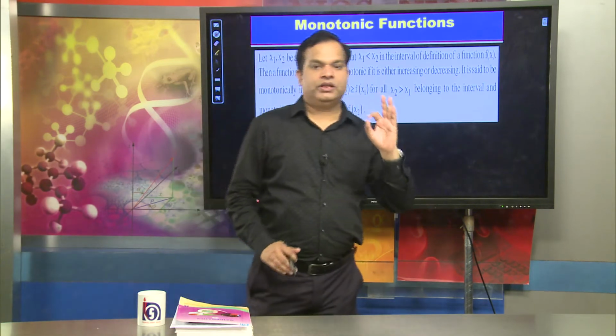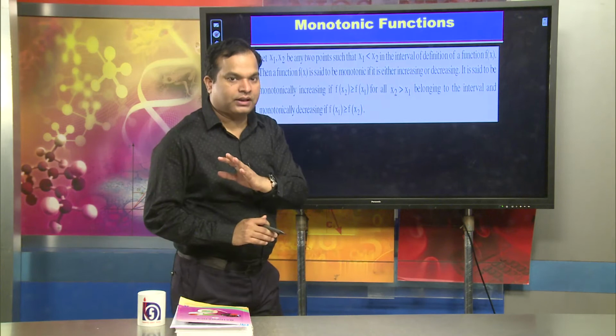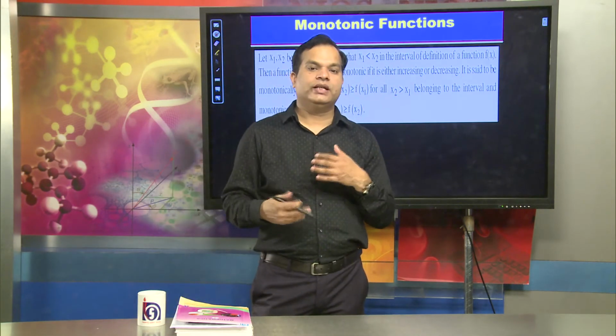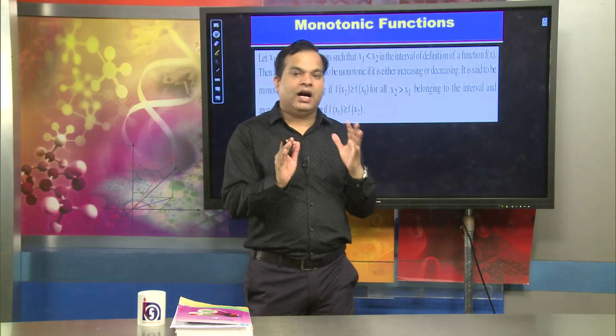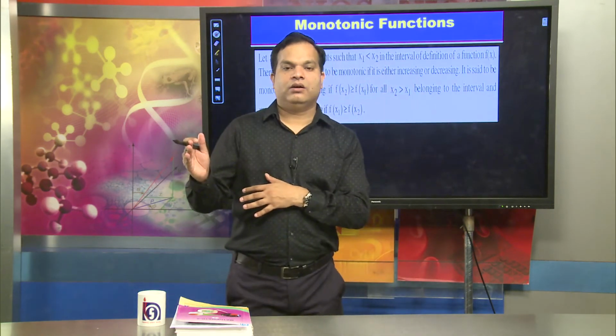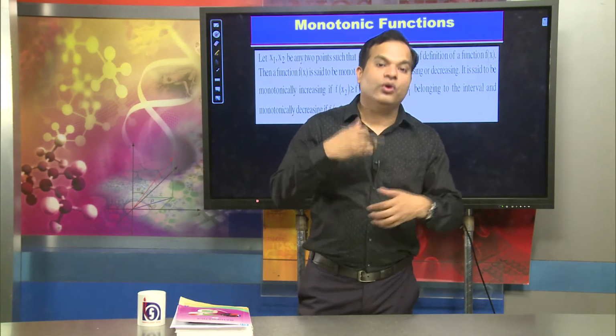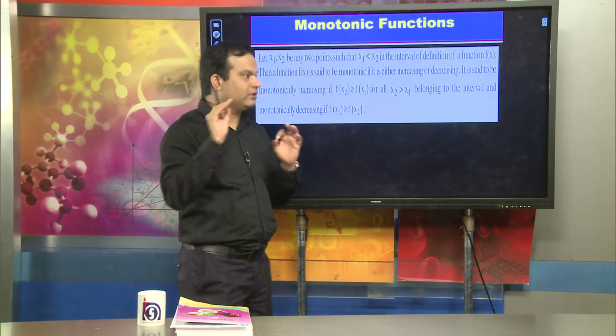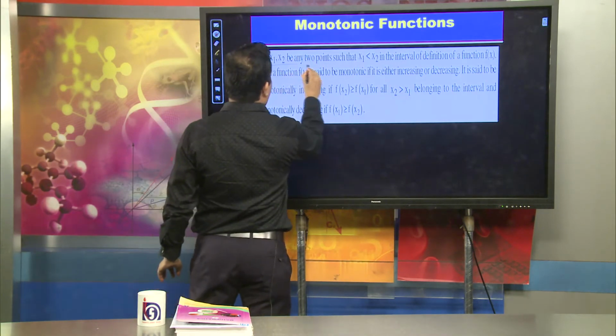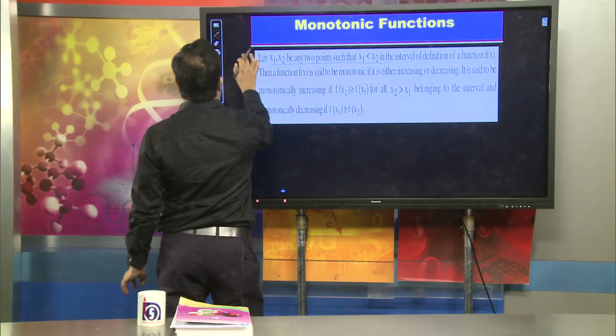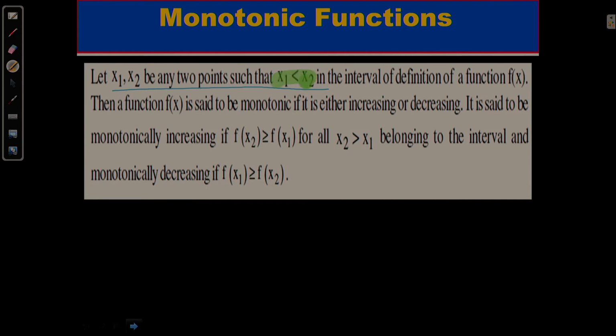Suppose x1, x2 are two points on the function f of x, such that x1 is less than x2, that is, x2 is greater than x1, in the interval of definition of the function f of x. Then the function is said to be monotonic.